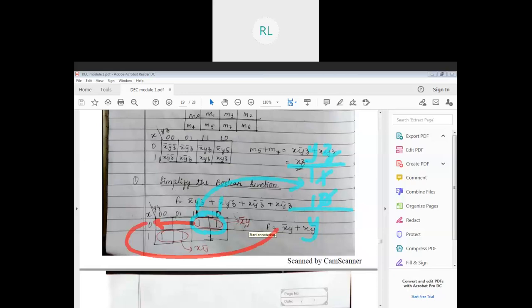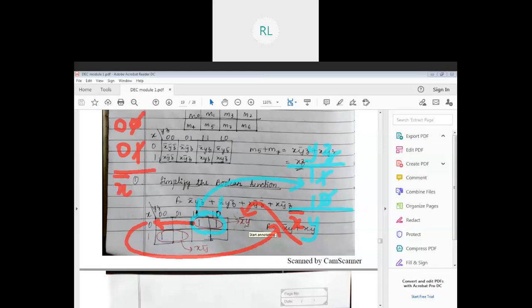Y is remaining, that is high value. And across this line, what do I have? I have x. X is nothing but 0. So it is going to be my x bar y. Are we getting this here? Yes. Are we getting that there? Right?